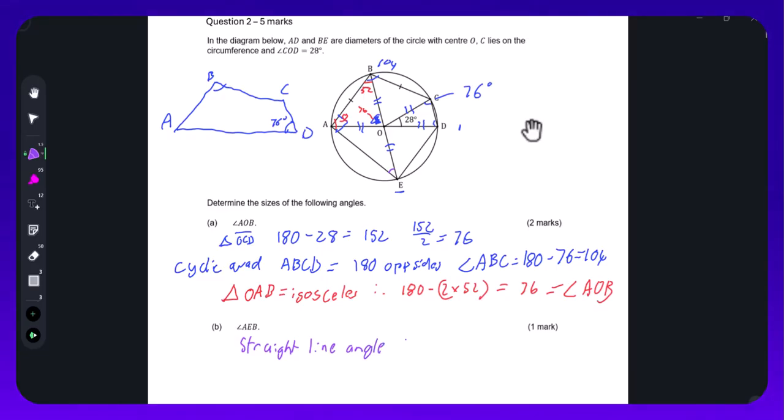And I'll do it on the line BE, going all the way from B to E. So that's going to equal 180 take 76 equals 104. And that's going to be the angle here.